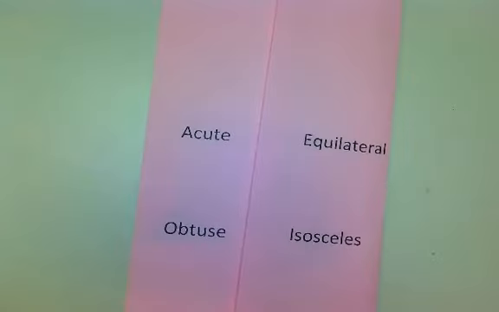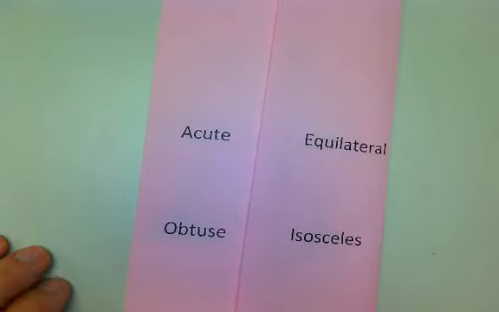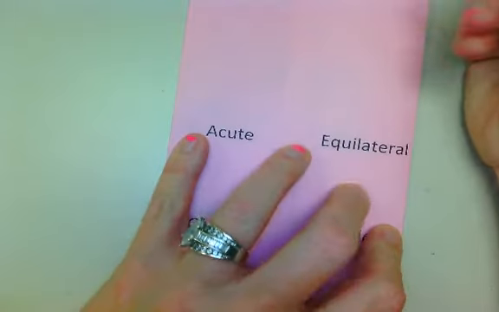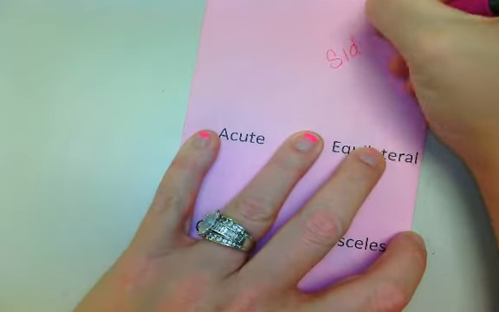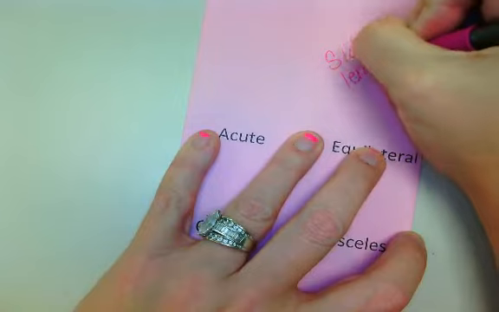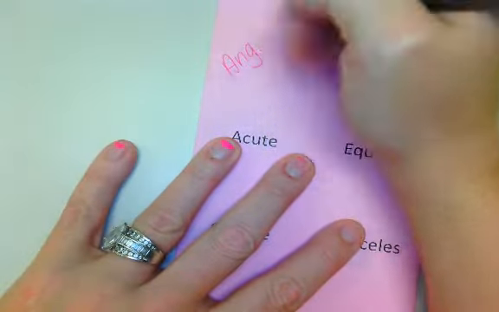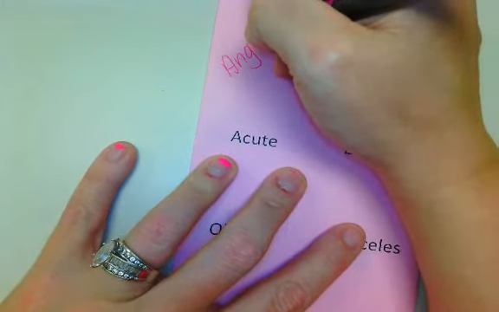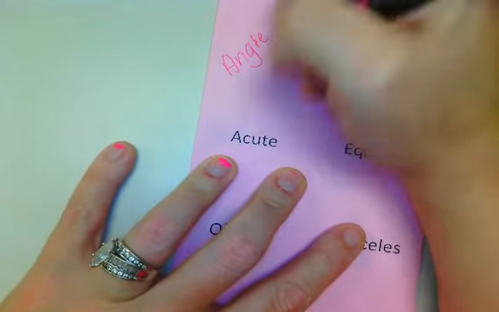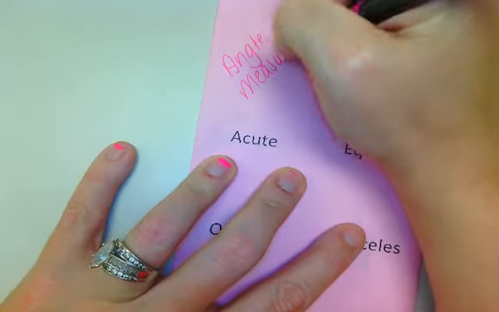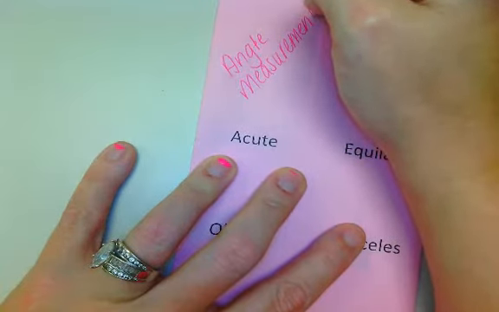Now, these are the different triangles we're going to talk about. You have your side lengths and you have your angle measurements that you can use to classify triangles. So we are going to talk about side length properties, and angle measurement properties.